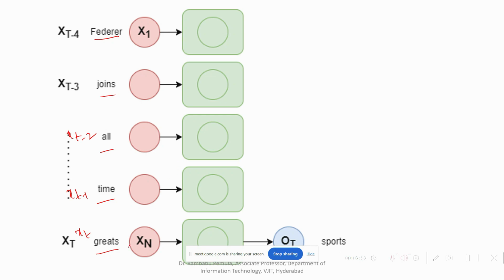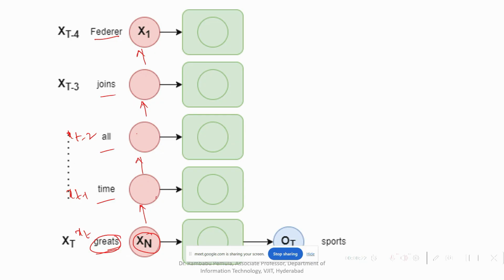That means at the present time, the input depends on the previous input also. So xt minus 3 depends on xt minus 4.